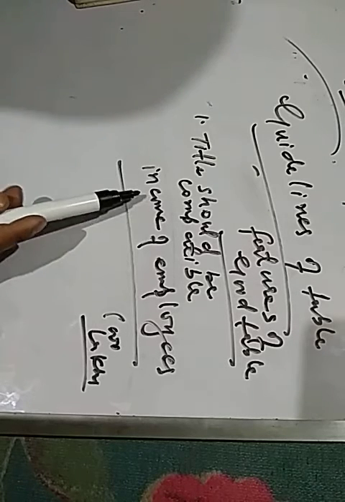Number second, these employees may be from the private sector, public sector, or joint sector. Therefore, in the title we should write income of employees working in the private sector, joint sector, or public sector, and in which state this data has been taken.